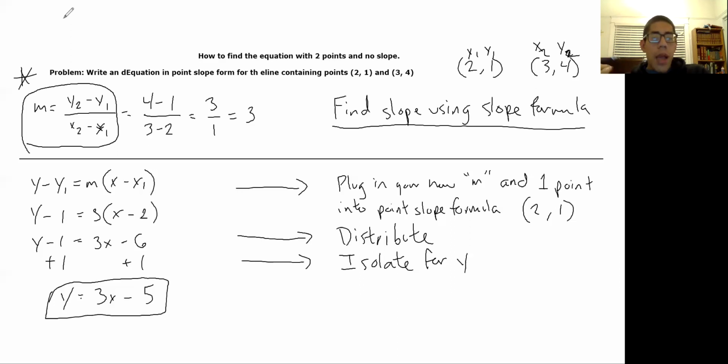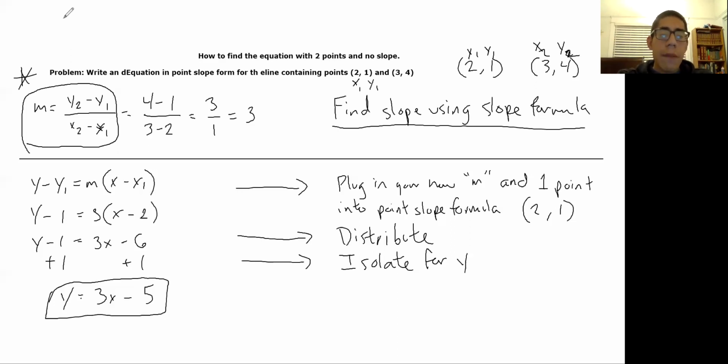So how do I find out what my x1 and y1 is and my x2 and y2? Well, you just pick a coordinate point, and which one you put first doesn't really matter. You're going to end up with the same answer at the end of the day anyways. In this case, you see how I have 2 and 1? I made that my x1 and my y1.